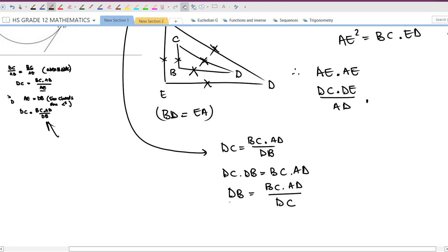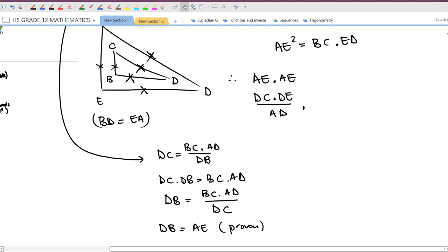And then I plug that in because DB is the same as AE. It's proven. So now instead of DB, I can write BC times AD on top of DC. So those two cancel, that one and that one cancel, and then I have DE times BC, and then it's proven. Okay, hope you get it right.